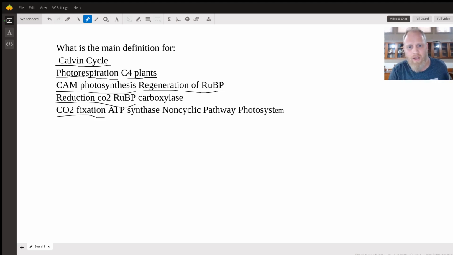Finally, I'm just going to go over ATP synthase, and that's this one. We won't cover this today. ATP synthase is an enzyme that catalyzes the synthesis of ATP, adenosine triphosphate, from ADP, adenosine diphosphate, and inorganic phosphate.